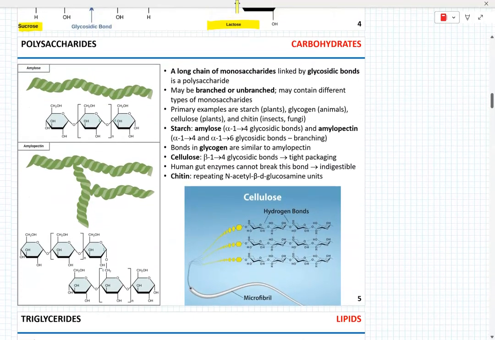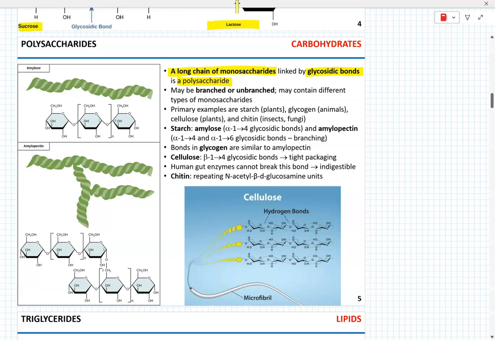When there are many monosaccharides that form a long chain, we call this a polysaccharide. In a polysaccharide, individual monosaccharides are connected by different glycosidic bonds.